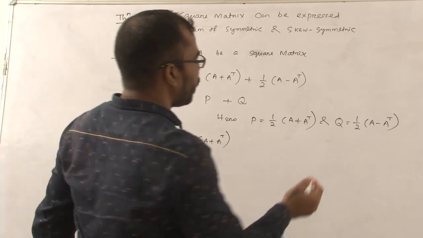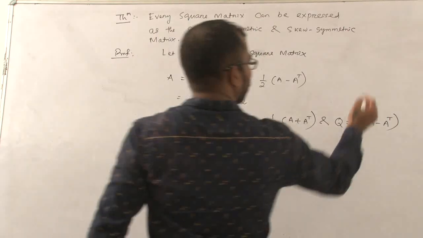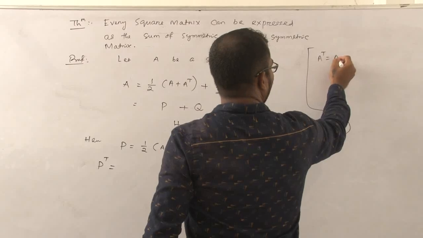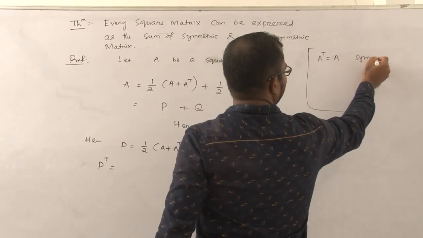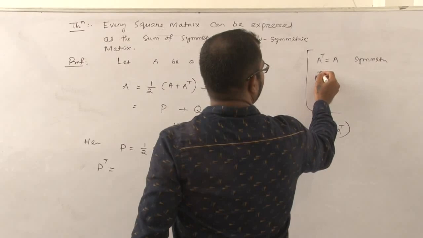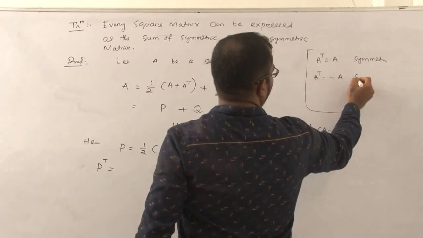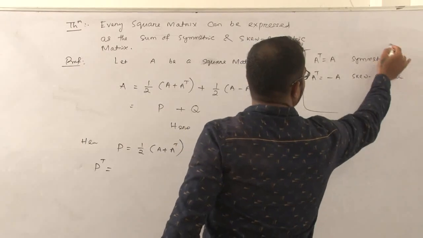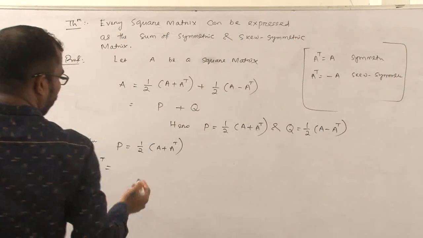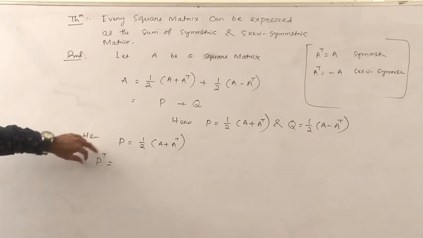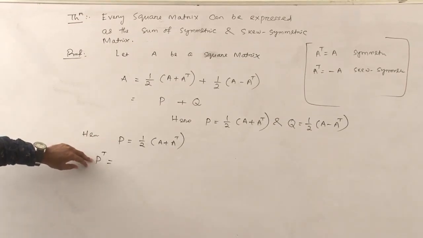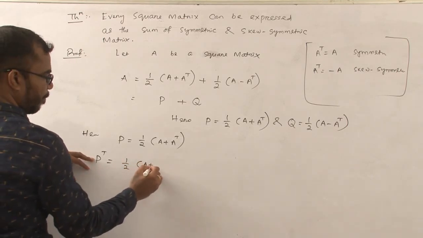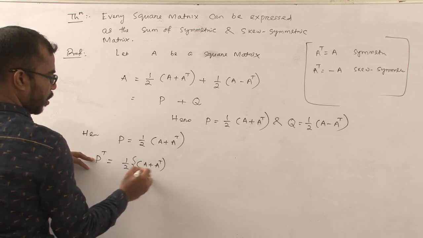In the previous session we discussed that if transpose of A is equal to A, then it is symmetric. If transpose of A is equal to negative A, then we call it a skew symmetric matrix. So first we find the value of transpose of P. The value of P is half of A plus transpose of A, all of transpose.